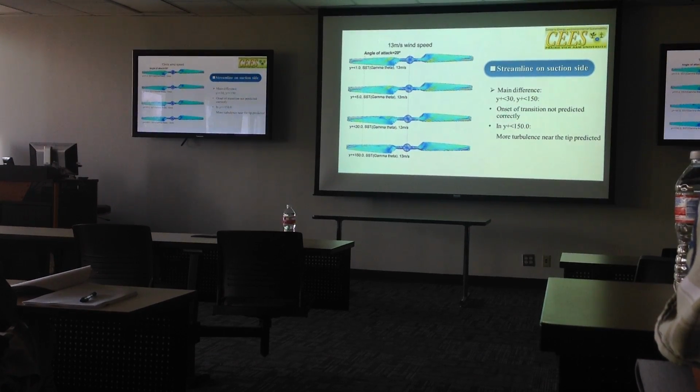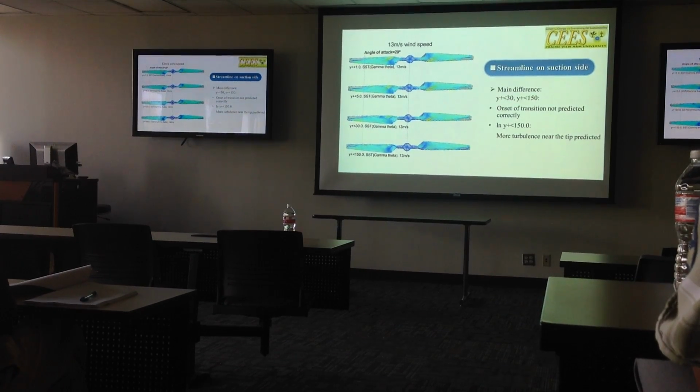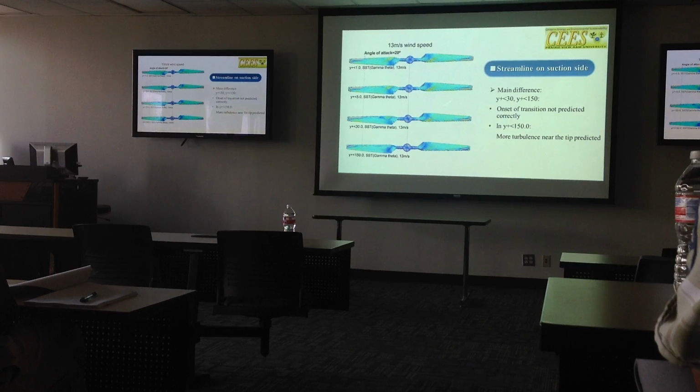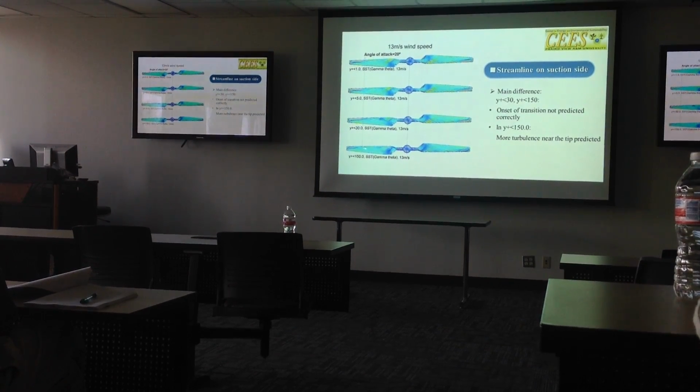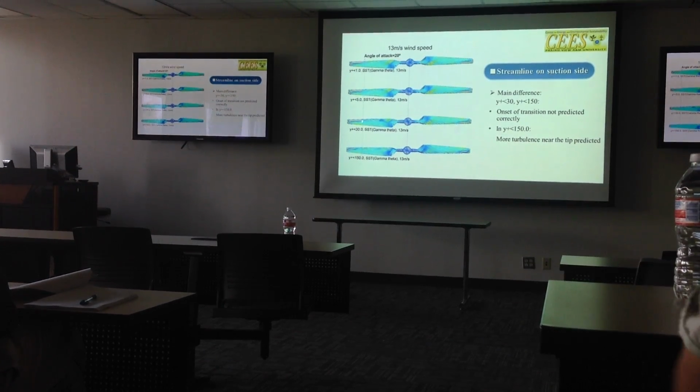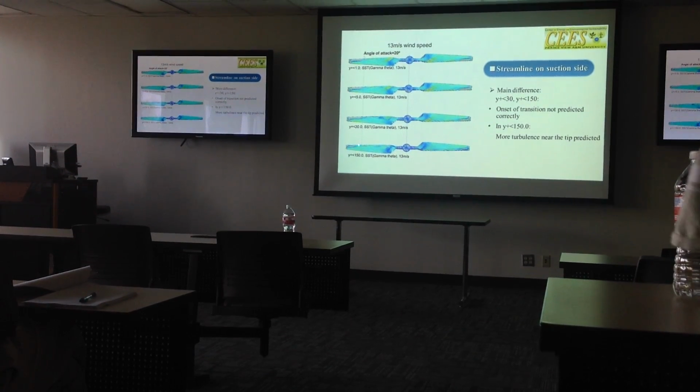And for the 30 meter per second case, on our suction side, the main difference is also located in the last 2 cases. You can see the transition predicted in these 2 cases is a little forward. And in the last case, we can compare the region, but a little attached flow happened there.